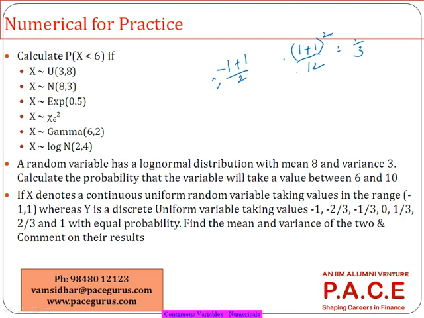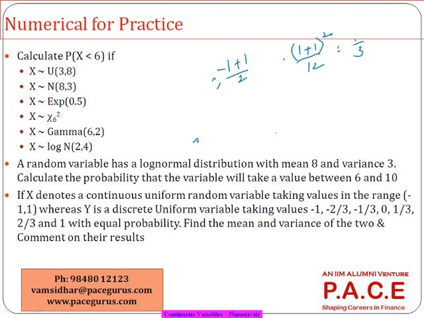If it is a uniform distribution, the mean is nothing but the first term plus last term by 2, again (a plus b) by 2. So directly here also the mean is 0 only. But the variance is (n squared minus 1) by 12.